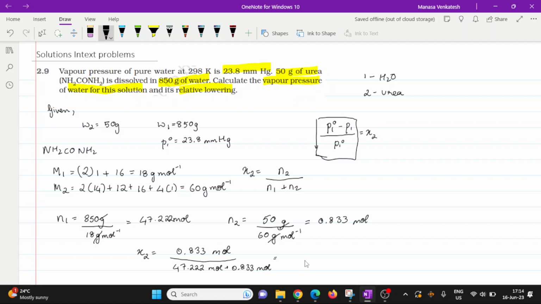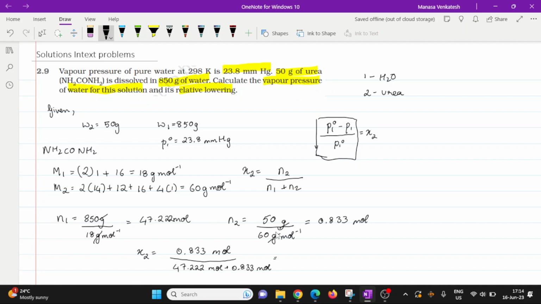I just realized I calculated this the different way. Essentially, what I did was I calculated the mole fraction of water and then subtracted it from 1. You can do it that way as well. That's perfectly fine. And I decided I'd do it this way for the video.